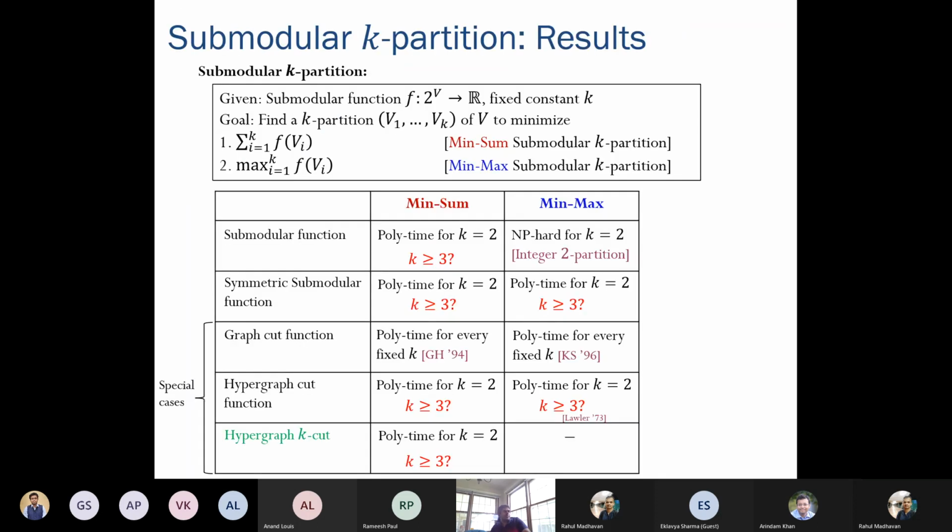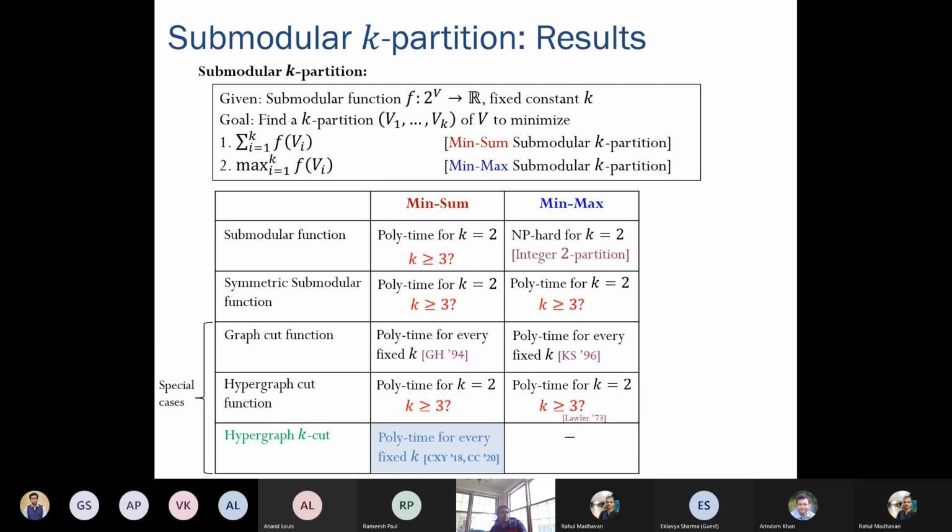Let's get to the results. The first result that we managed to show is that hypergraph KCut is in fact solvable in polynomial time for every fixed K. Note that this is a special case of min sum submodular K partition. The first algorithm which we gave was a randomized algorithm, and I'll discuss that.